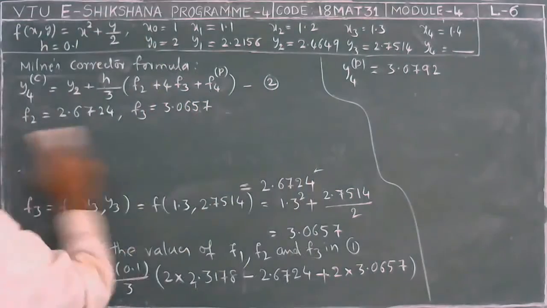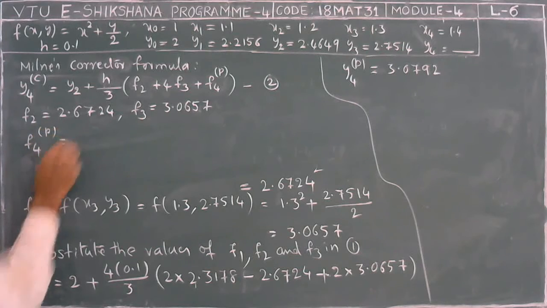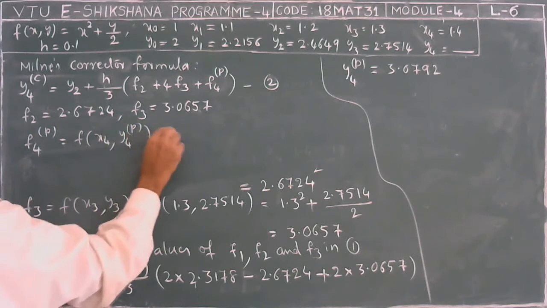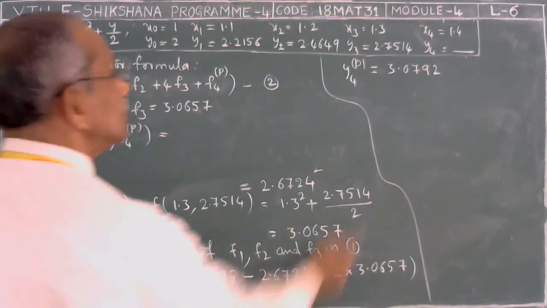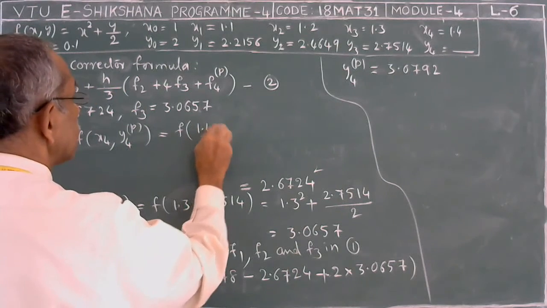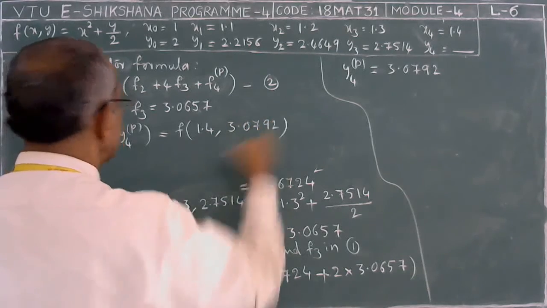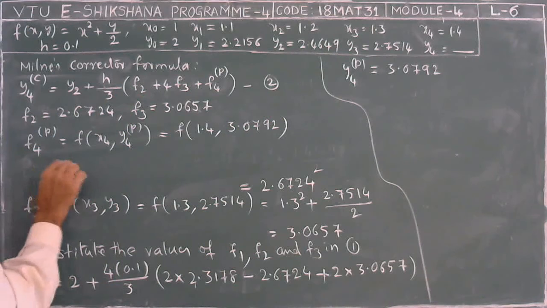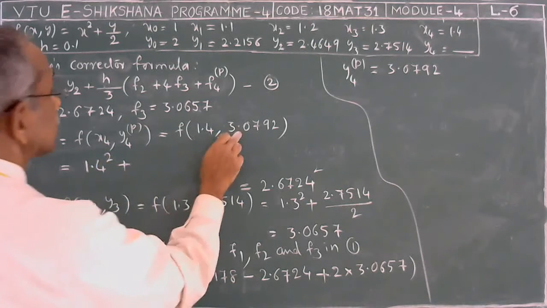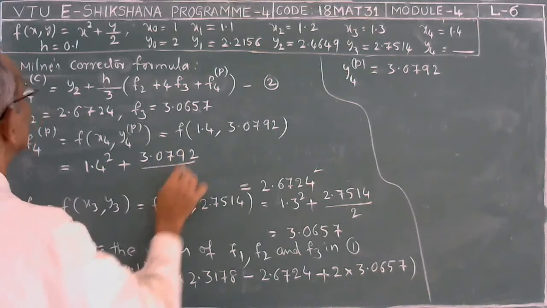Now I have to calculate f4p. f4p is f of x4 comma y4p. x4 is 1.4, y4p is 3.0792. By definition, this is 1.4 square plus 3.0792 divided by 2.